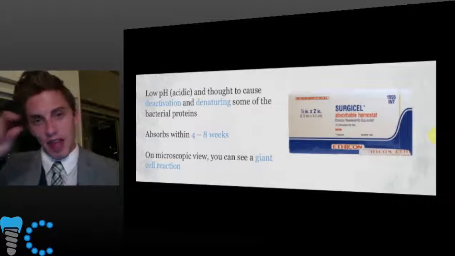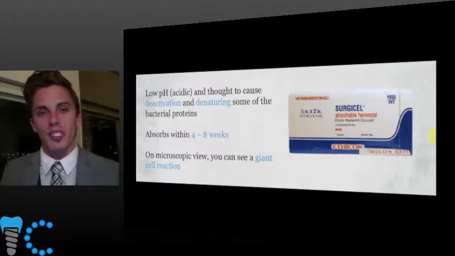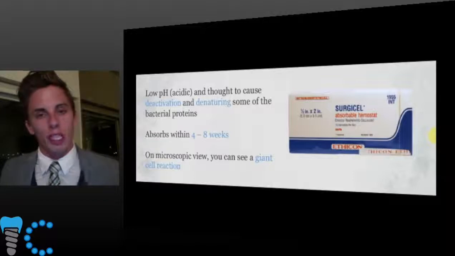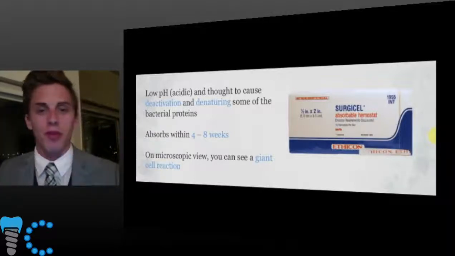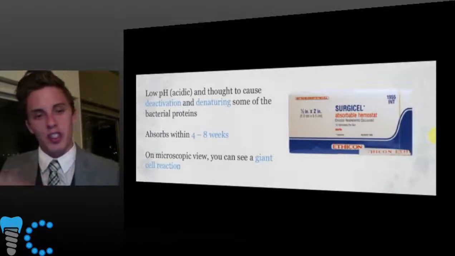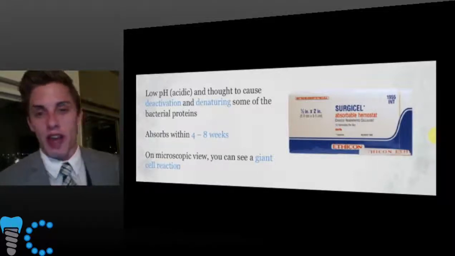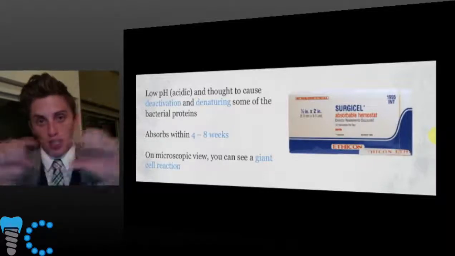Even if that little piece of Surgicel is sitting on top of the nerve, because it's so acidic, it's going to deactivate and denature some of the proteins that are along that sheath. It does absorb in 4 to 8 weeks. The other interesting thing is on microscopic view, you can actually see giant cell reactions. So that's not necessarily a good thing that you want on a nerve.